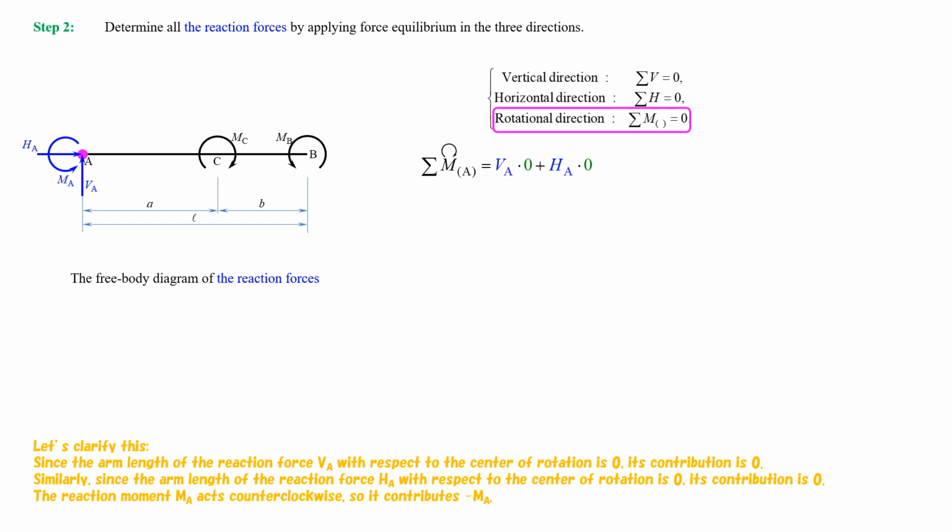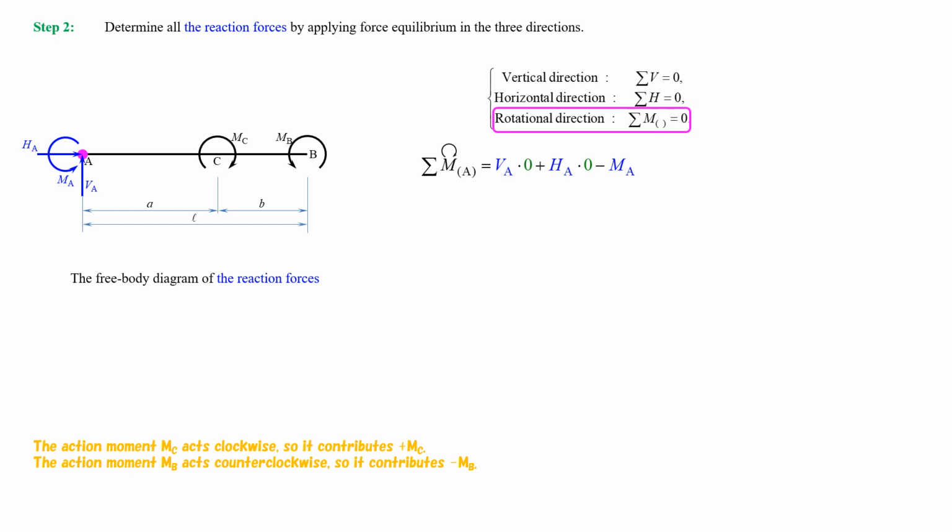The reaction moment MA acts counterclockwise, so it contributes minus MA. The action moment MC acts clockwise, so it contributes plus MC. The action moment MB acts counterclockwise, so it contributes minus MB. To achieve equilibrium of moments, the algebraic sum must be 0. This concludes the discussion on the moments.